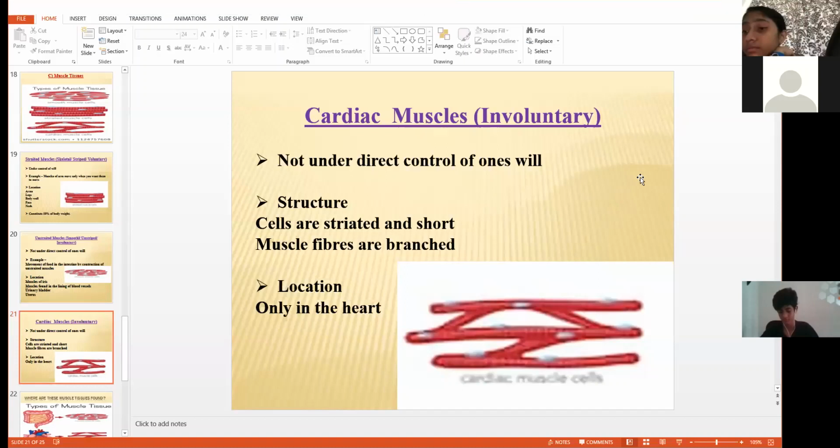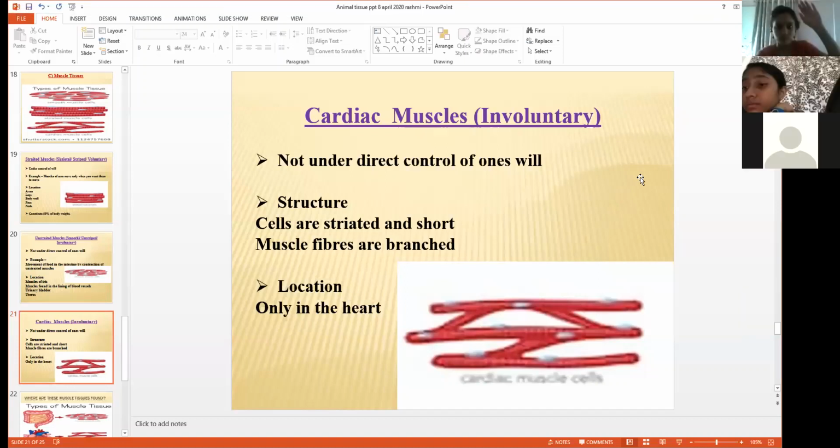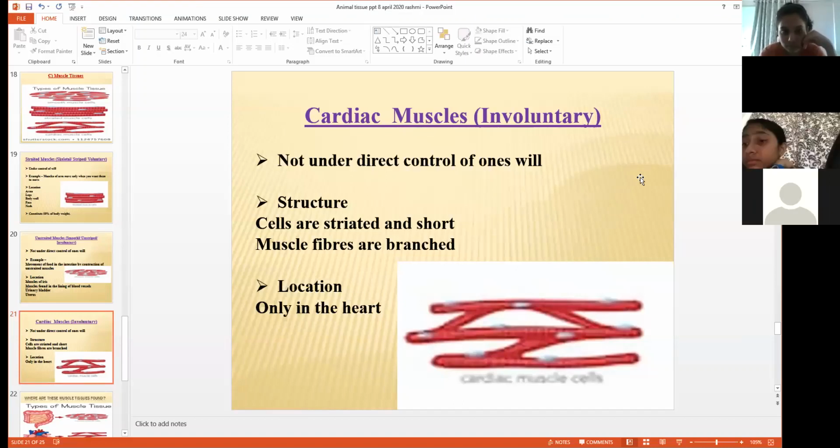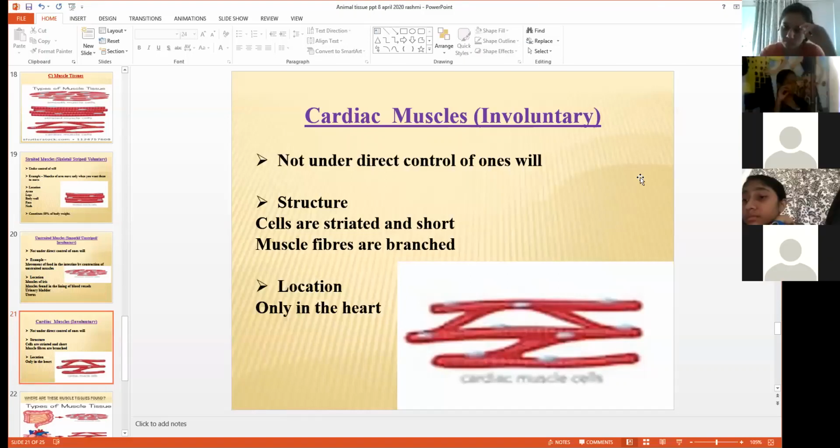Ma'am, if the cells of the heart regenerate very fast, why can't other cells regenerate very fast? Everything is regenerating fast, darling. But if you get a cut, why doesn't it heal very fast, like in 1 second? It depends on what organ is getting damaged.